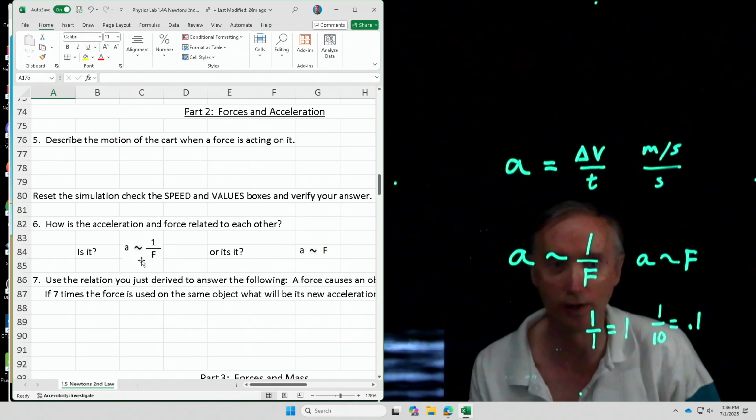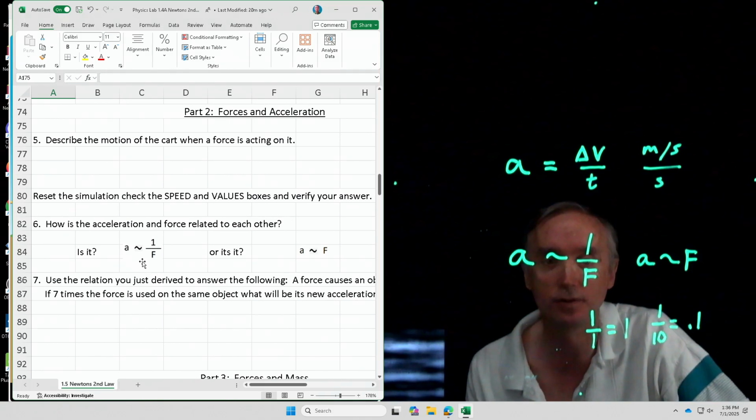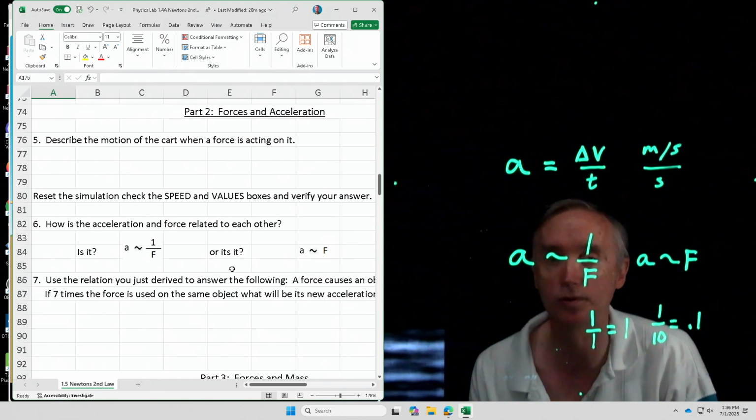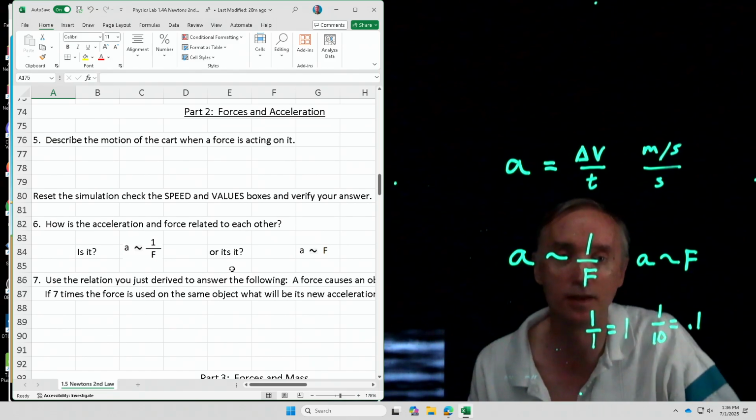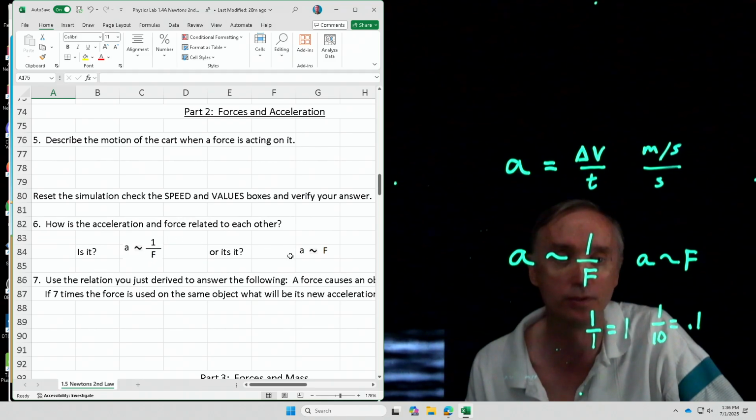I don't want to give it away, but the answer is going to be either this one or this one here. So you figure out which one makes more sense. Increase the force, see what it does to the acceleration, and that's going to tell you whether it's this one or this one.